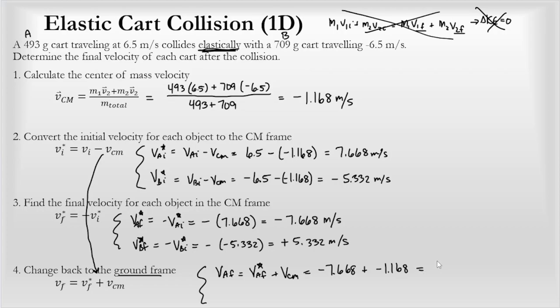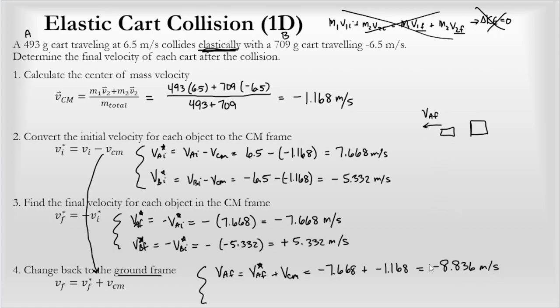So overall, it's going to have a large velocity in the negative direction, negative 8.836 meters per second. And I expected this. We had a small cart and a big cart, and when it rebounds in the opposite direction, VA final is going to have a large speed.